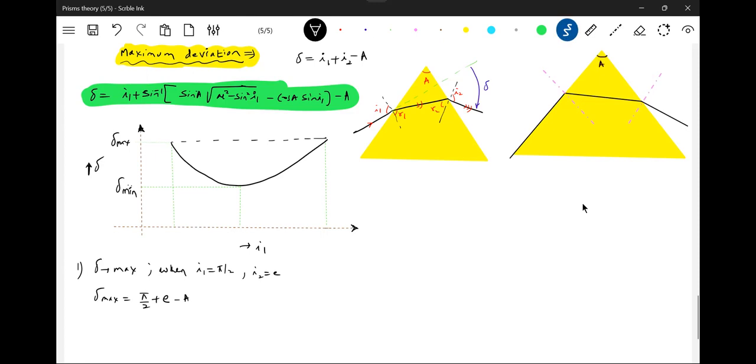It'll be much easier. And this angle is E. This is R1. Okay, fine. This is grazing incidence. So what is the condition?